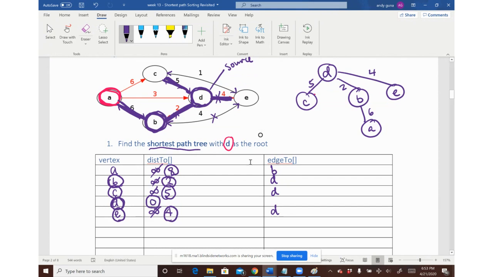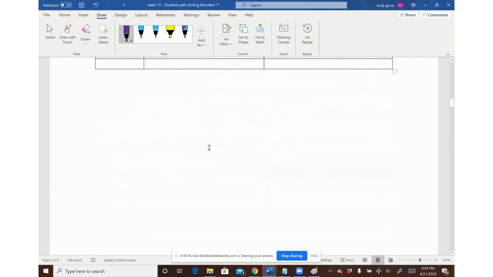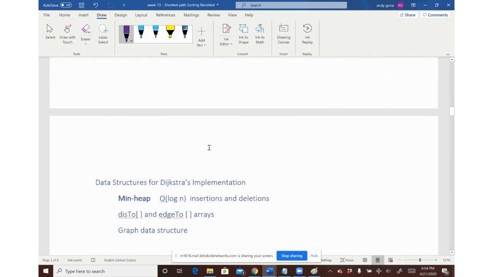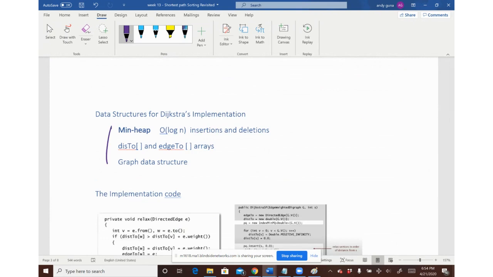Okay. All right. So the implementation of Dijkstra's is going to be using a min heap, which has log n, where n is the number of vertices, for insertions and deletions. Then you need to have a distance array, an edge-to array, and a graph data structure.